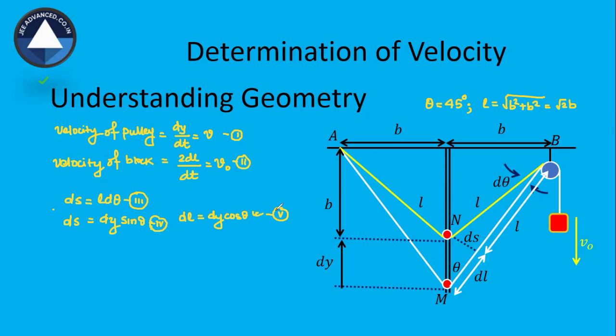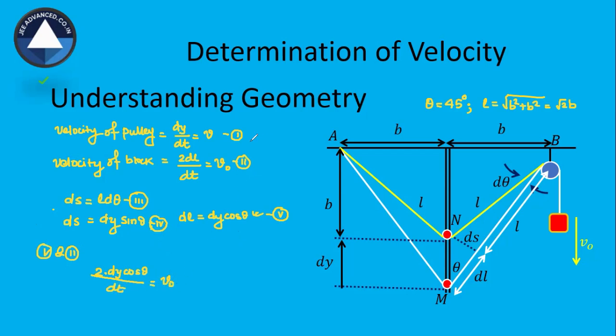Now we are in the process of solving. We will use 5 in 2. So using 5 and 2, what we are going to get is 2 into dy into cos theta upon dt is equal to v naught. Okay.